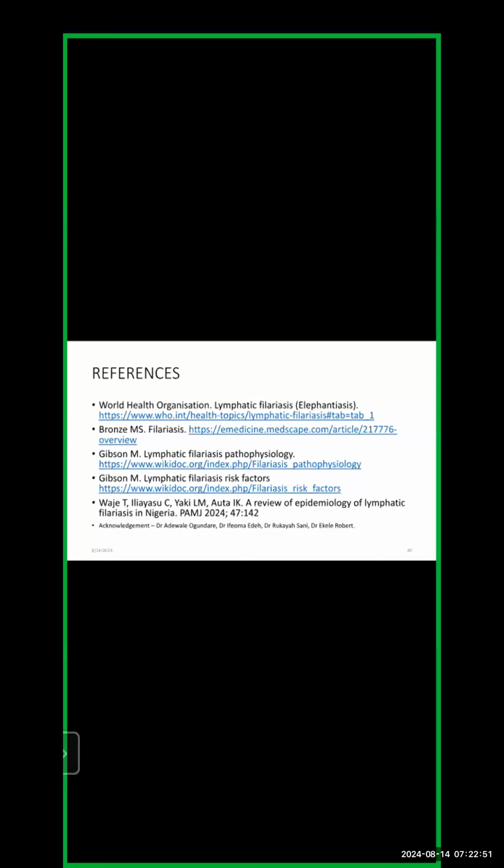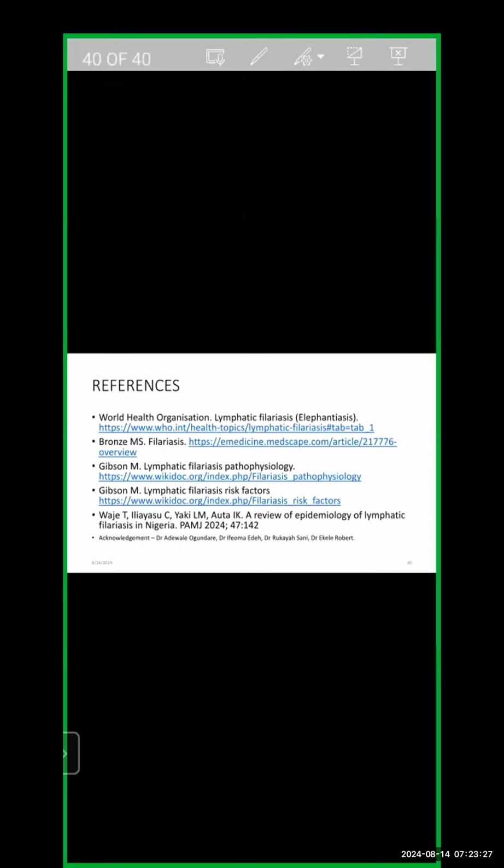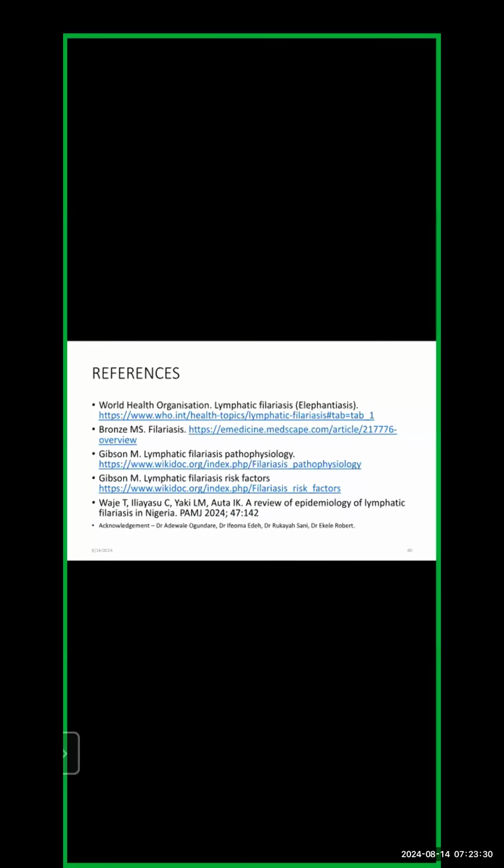So typically you give DEC for lymphatic filariasis caused by the Bancrofti worm. What is recommended for Loa loa is to give other therapy, not diethylcarbamazine, because of that effect.